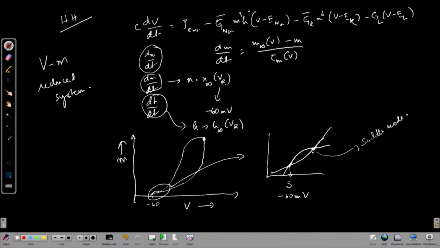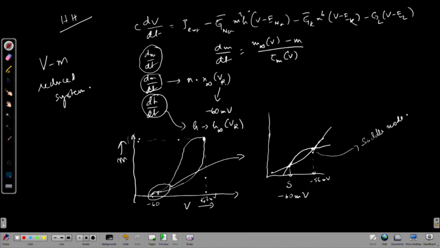And the last one at the top is where m has actually reached 1, at a voltage of around 53 millivolts, which is like the sodium reversal potential. And for this equilibrium point, the voltage is around minus 56 millivolts or something near that. You will have codes and you can run it for yourself and see.